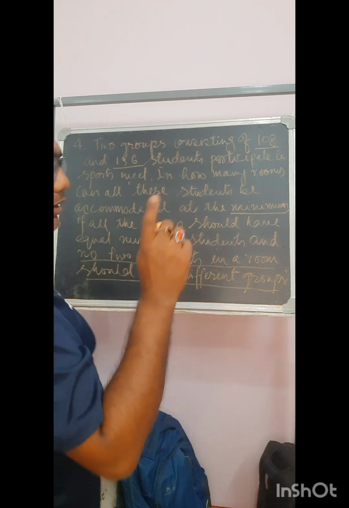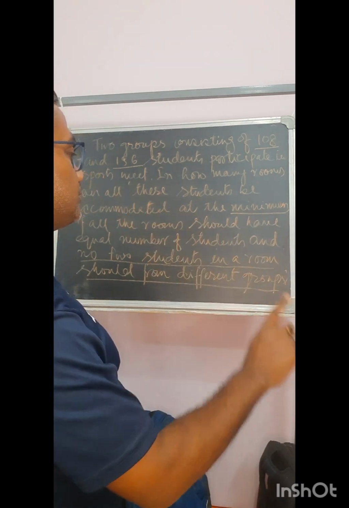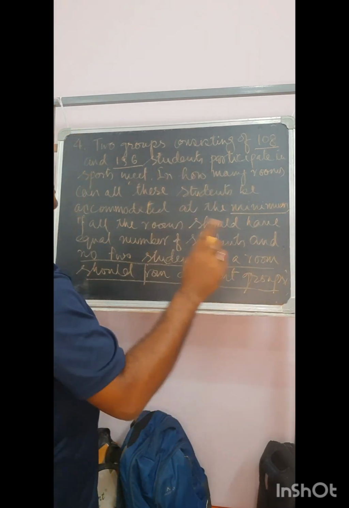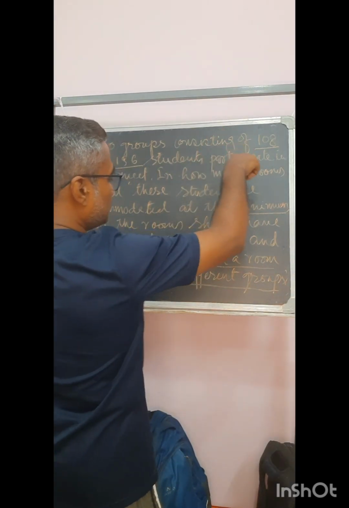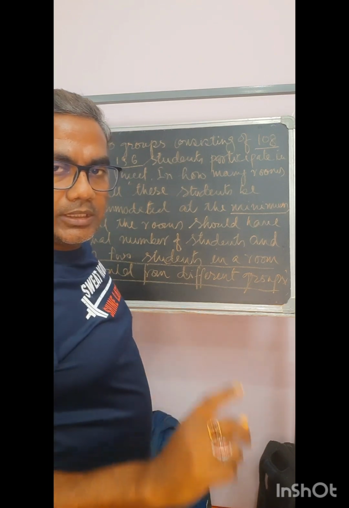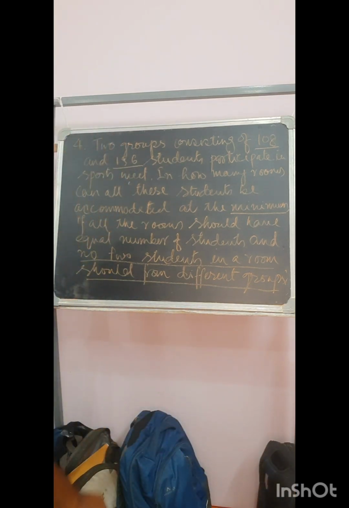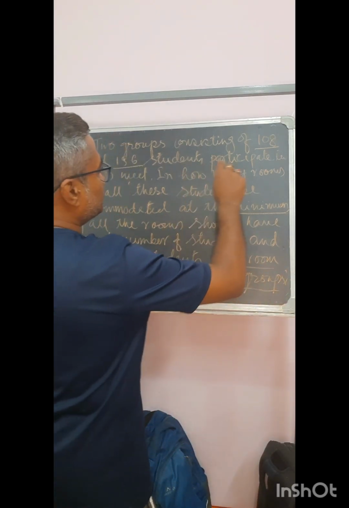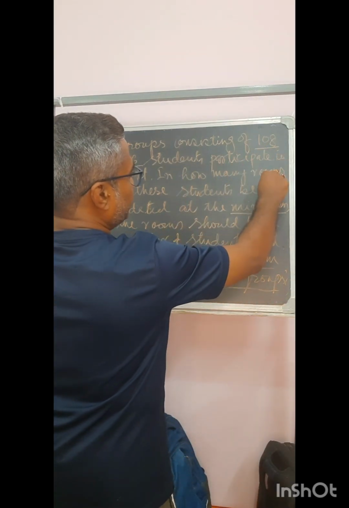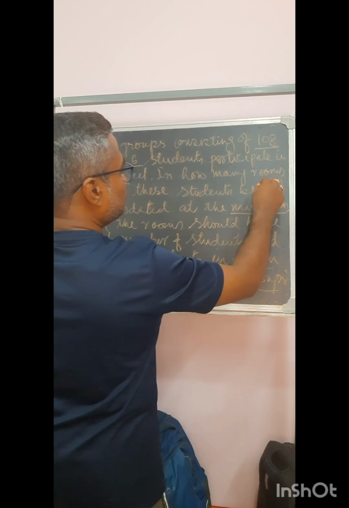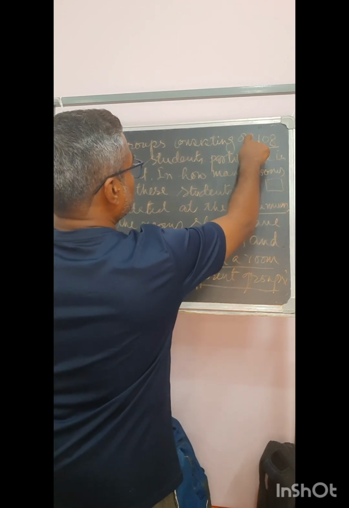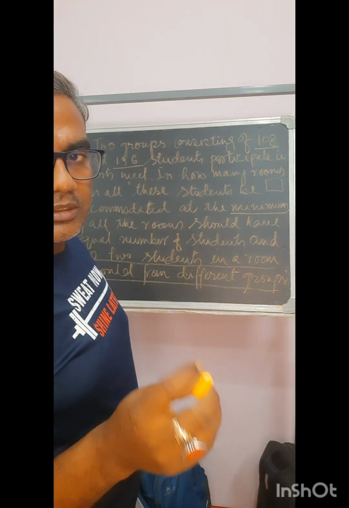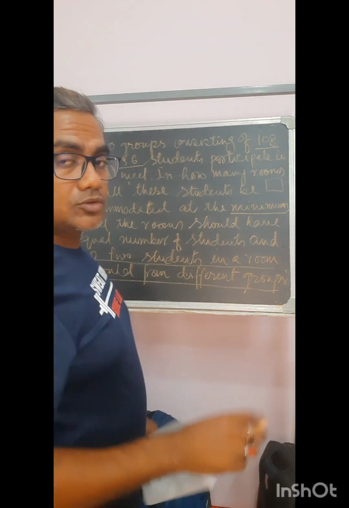That means in a room there should be a maximum number of students, but that has to be purely of each group. No two groups will be combined together inside any room. So that is the condition. So the first thing is that when you are supposed to get the maximum students in the room, your consideration should be that these two have to be factored in such a way that you will get the highest common factor.